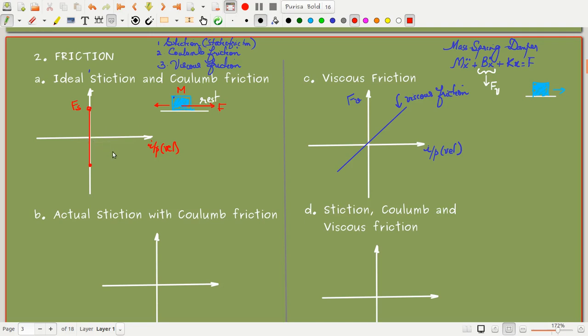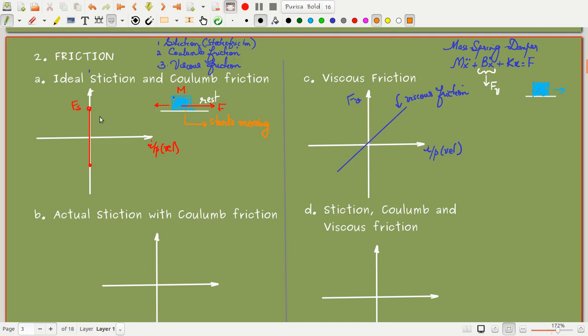Now Coulomb friction is, suppose I now go and start moving this body. When this body starts moving, what happens is that suddenly the frictional force reduces, and there is always a constant retarding force acting on the system.